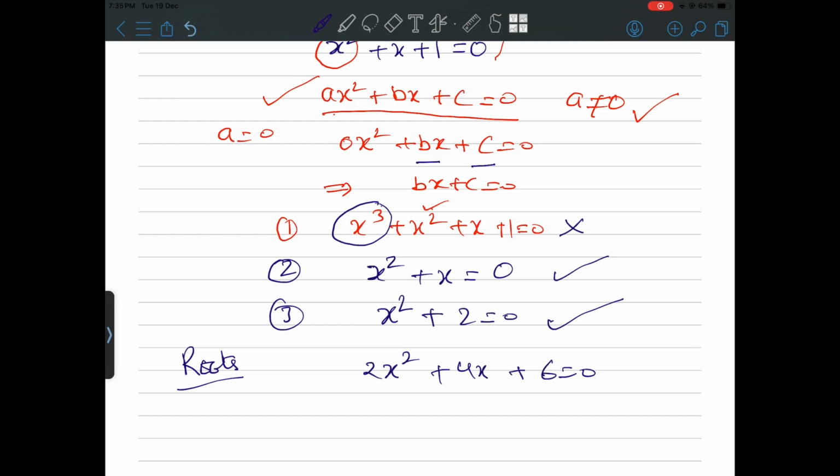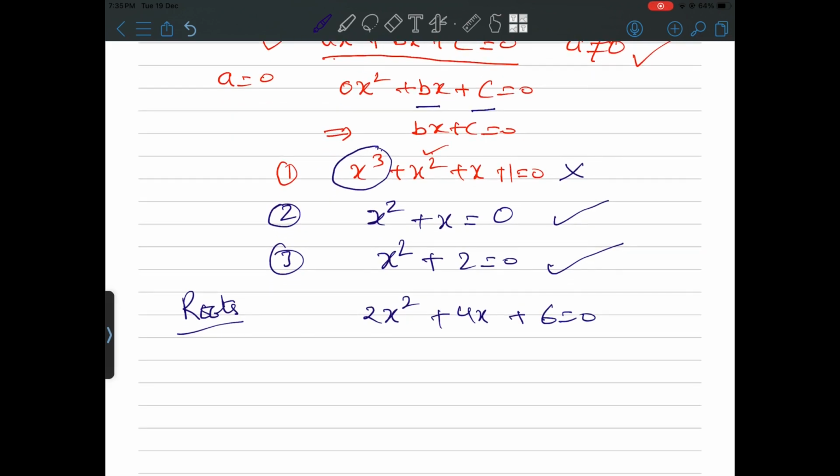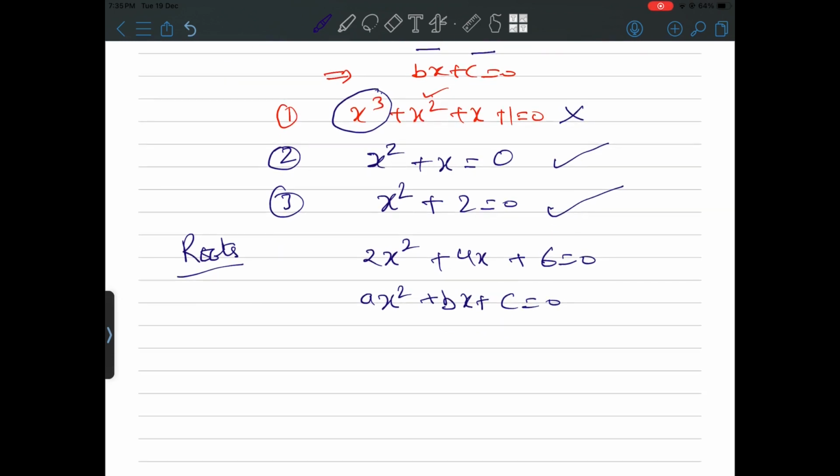If you put some values in this equation and it becomes 0, then those are called roots. If you talk about the standard form ax square plus bx plus c is equal to 0, there will be two roots, because there are two powers. That's why we will have two roots.